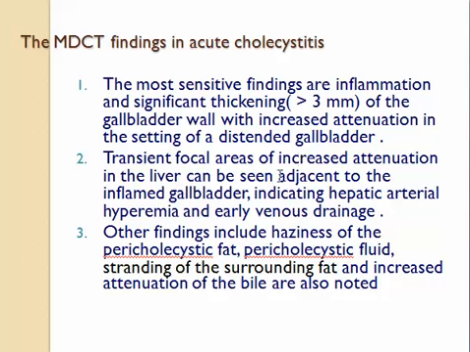Transient focal areas of increased attenuation in the liver may be seen, indicating hepatic arterial hyperemia and early venous drainage. Other findings include pericholecystic fat, pericholecystic fluid, stranding, and increased attenuation of the bile. These are signs of acute cholecystitis.